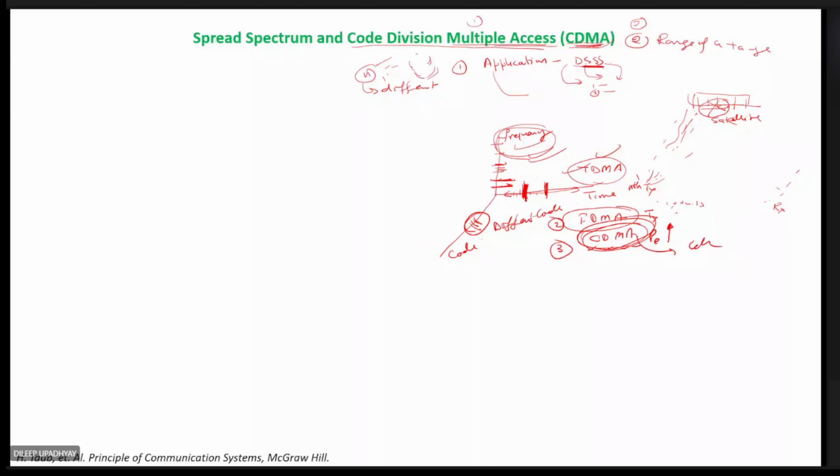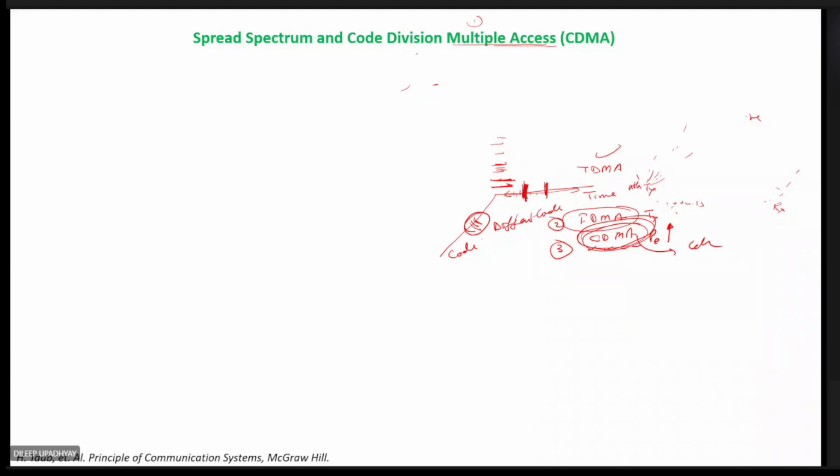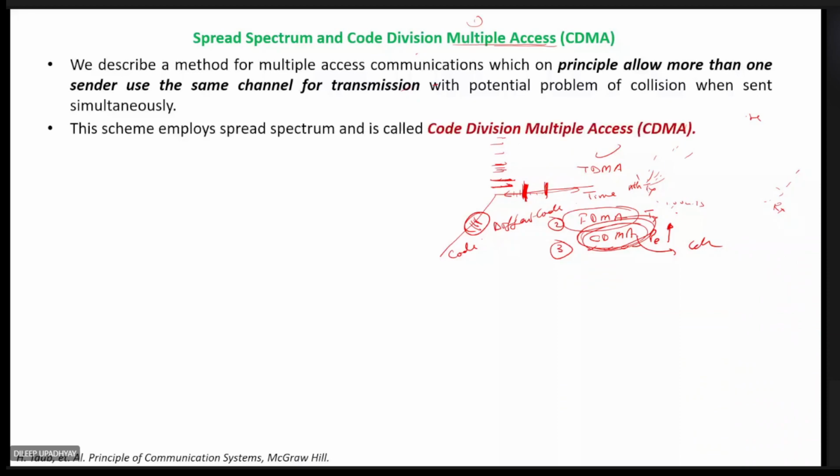So we are going to discuss CDMA now. And in fact, the time is up and it is 3:20. So I will be discussing CDMA in the next class. But just giving you the basic definition of CDMA, I will start our lecture over here.